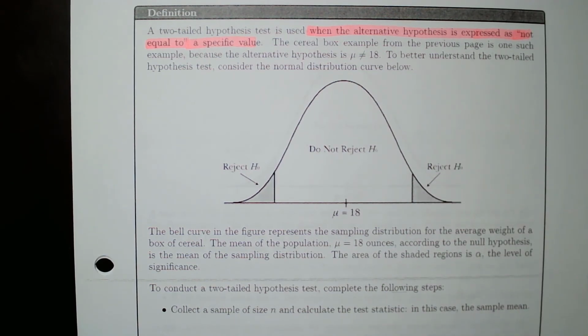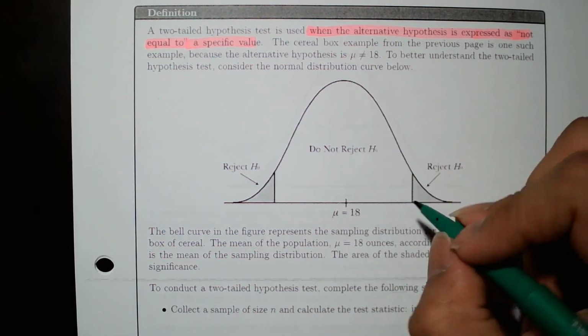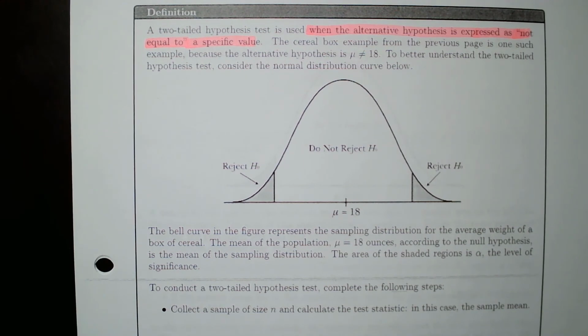So we need to gather better evidence. Otherwise, if our statistical value falls in either of the shaded regions, well, then we're good to go. Then we as researchers win. We have enough evidence and we win the argument.